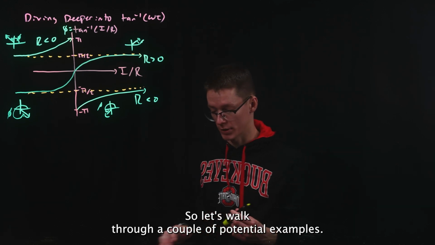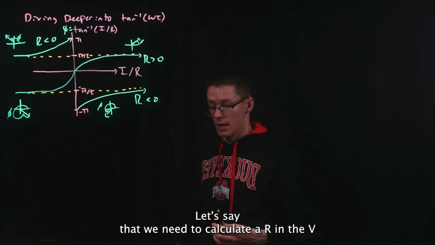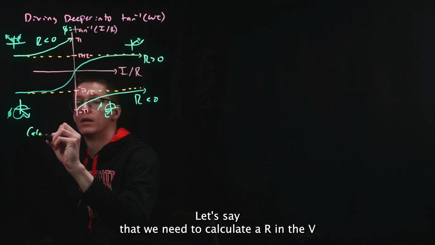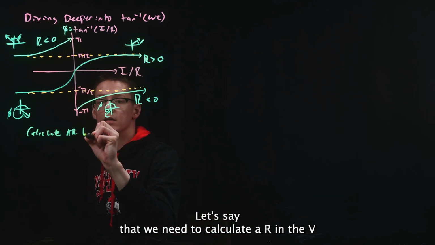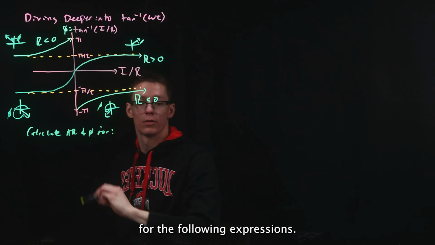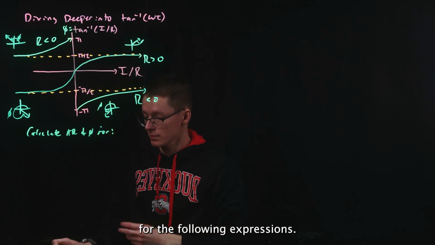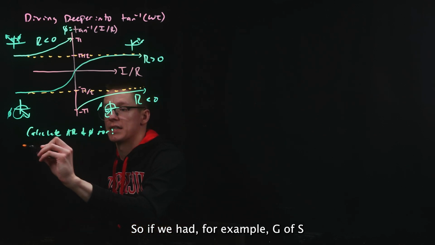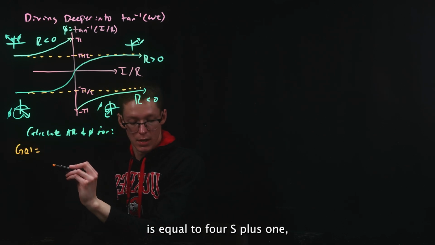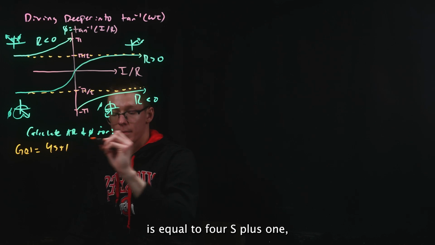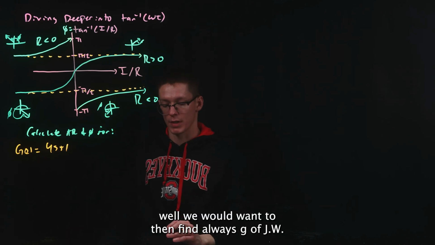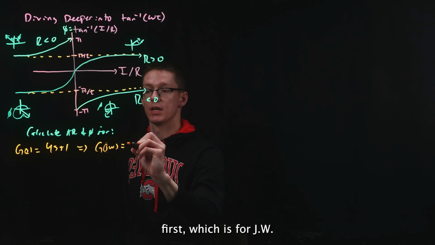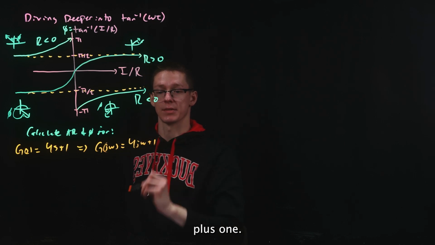So let's walk through a couple of potential examples. Let's say that we need to calculate AR and phi for the following expressions. If we had, for example, g of s is equal to 4s plus 1, we would want to find g of jw first, which is 4jw plus 1.